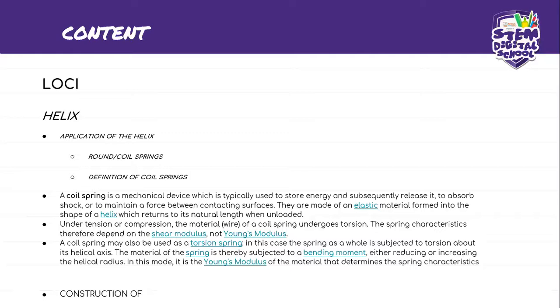The spring should be able to counter those effects in terms of the forces. Let us look now at the construction of the round spring. Remember, basically it's coming from the concept of a helix. So we want now to look at the construction.